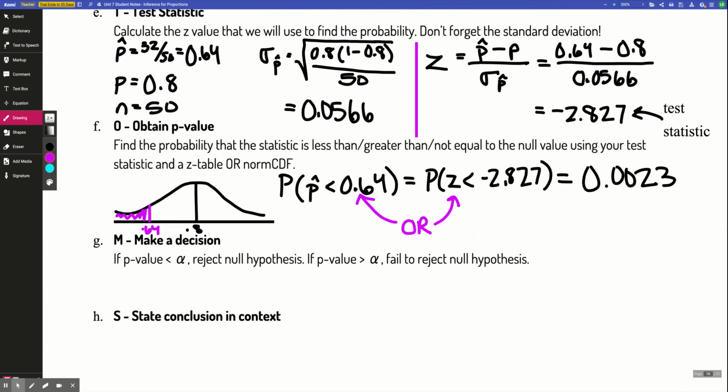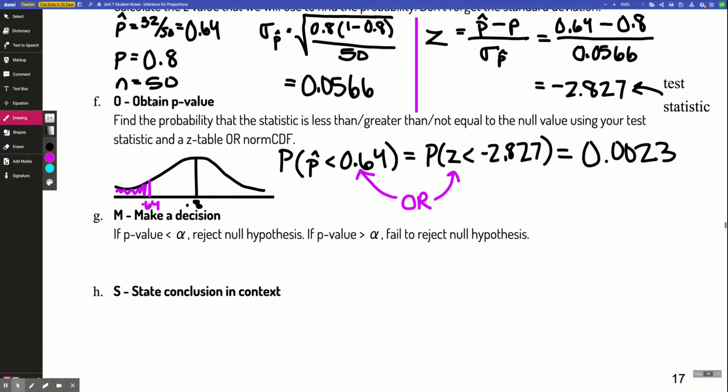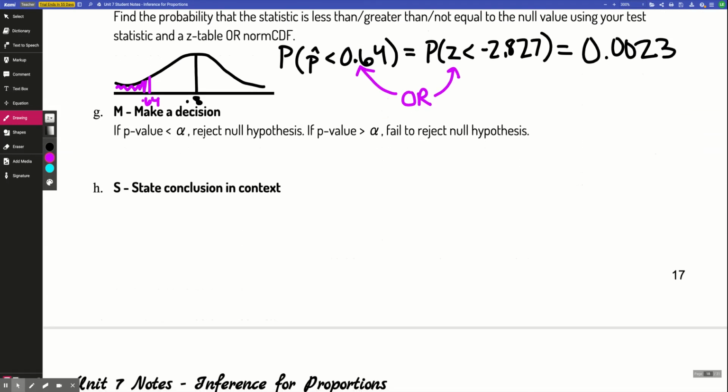Once you get to this point, you have done all the actual math here. So the last two steps here, M and S, are all about your conclusion, and making a decision. M stands for literally that, make a decision.